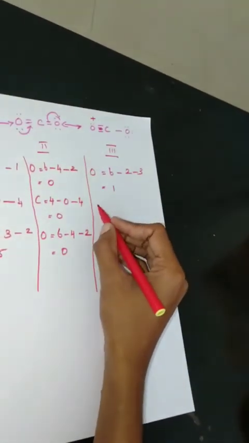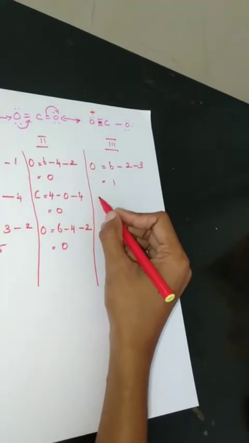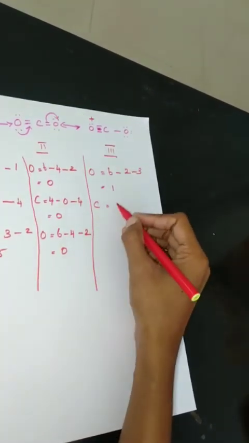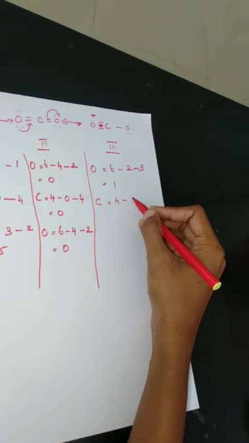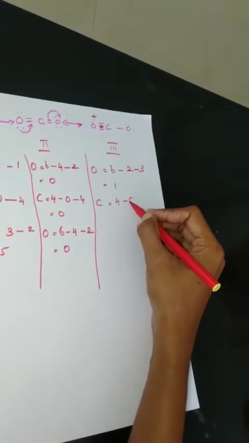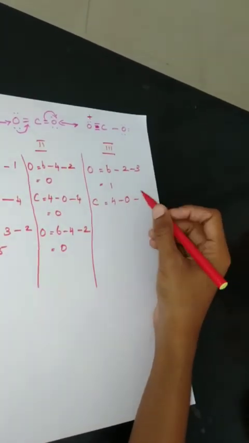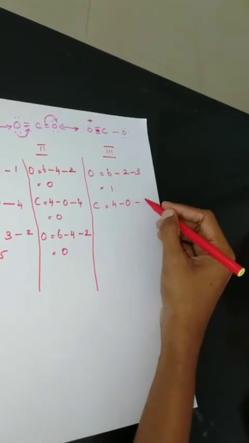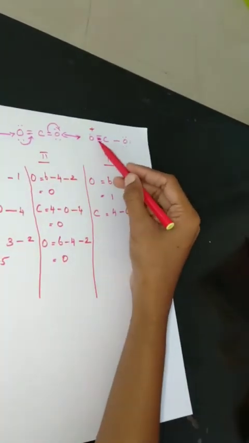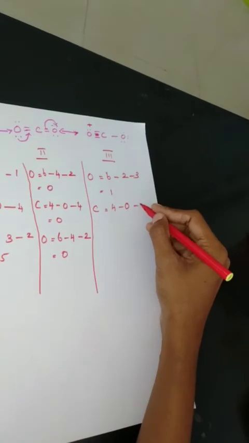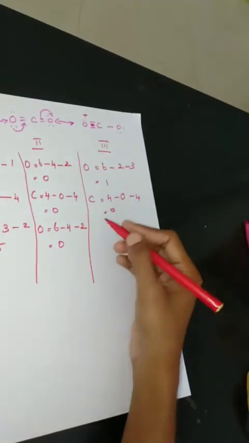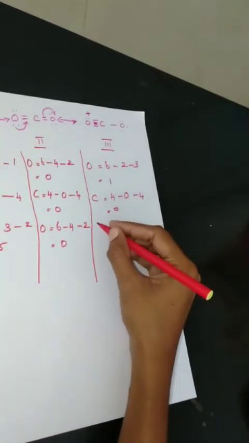And next carbon. Carbon's valence is 4 and there is no lone pair there. So that is why 0. And the bonds: left side 3 bonds, right side 3 bonds. So 4 bonds. So 0. So there is no charge for carbon.